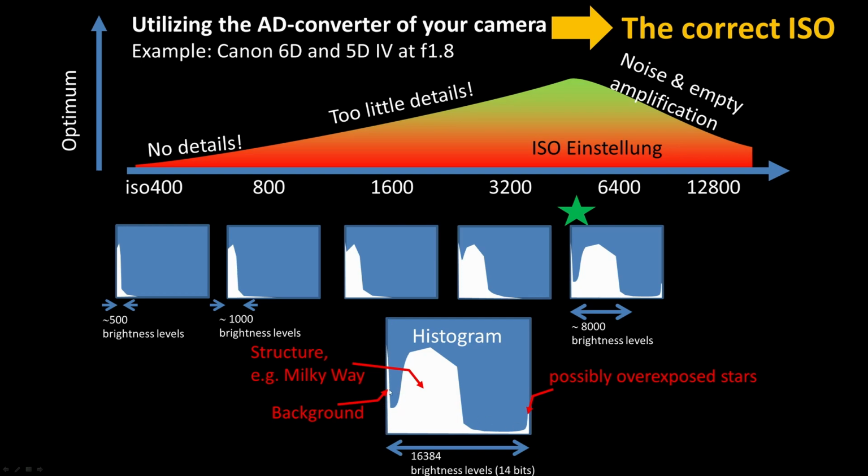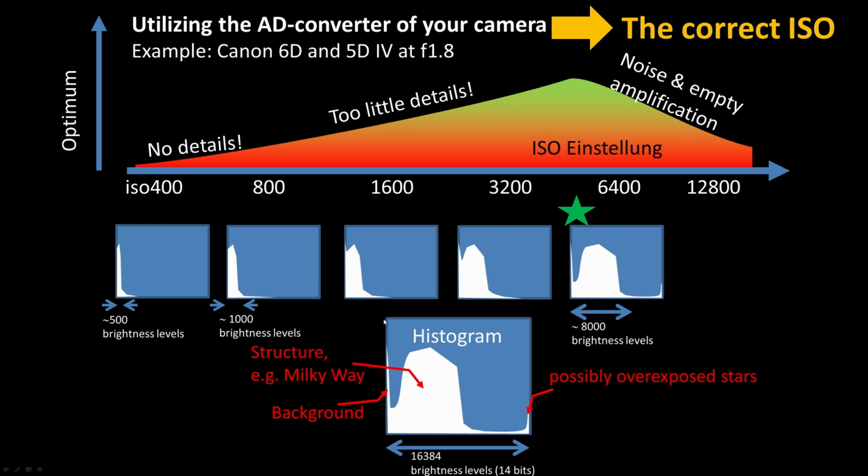Basically, if you look at such a curve here, you have on this side how many pixels have black values, and on the right side you have how many pixels have the full white values.